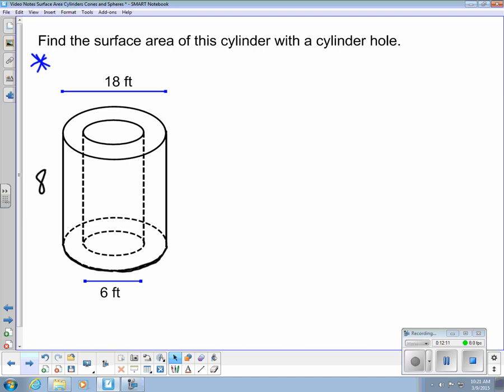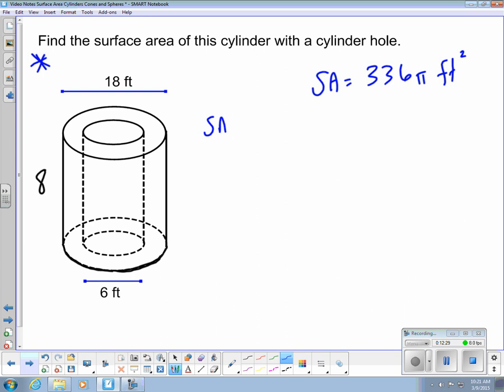Okay, when you're done with this problem, you should have a surface area for this figure as being 336 pi feet squared. Again, if you have problems with that figure, let me give you a formula to look at. So we want the lateral area of the first one, 2 pi RH. We want the lateral area of the hole, 2 pi RH.